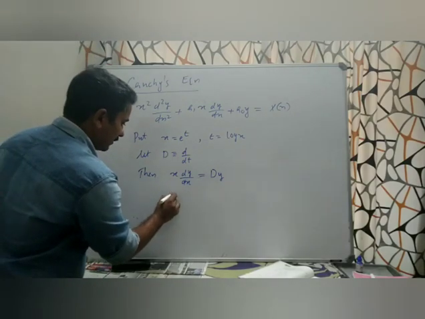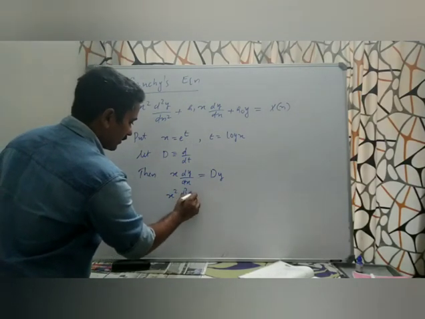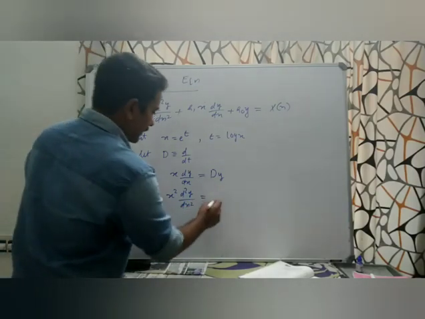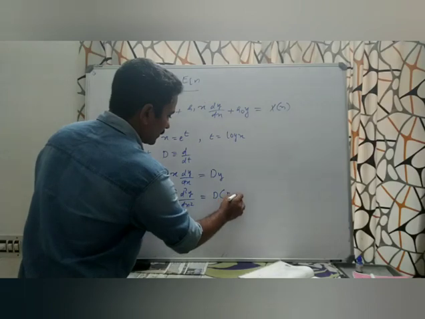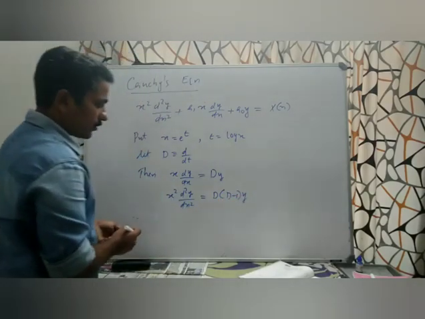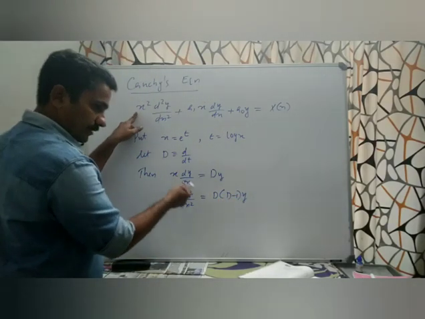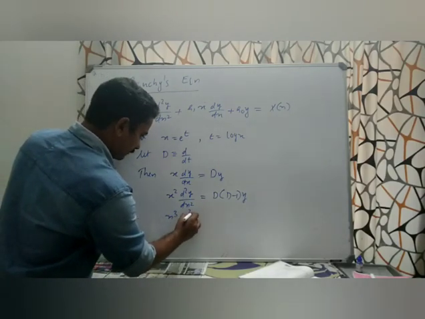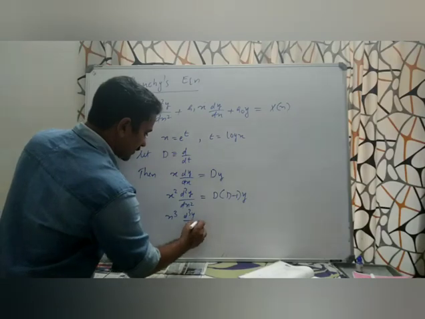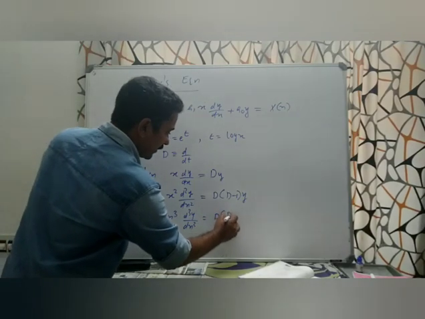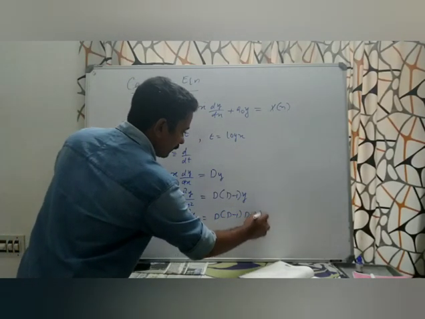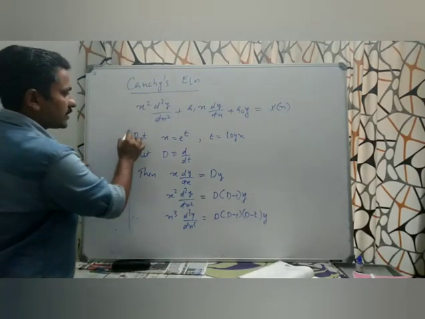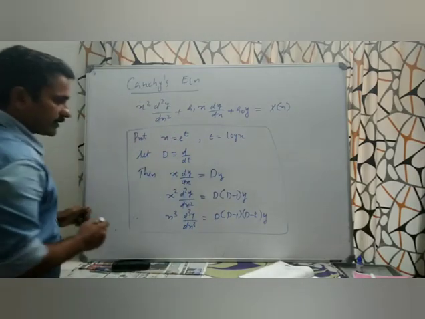And x square d square y by dx square will be changed as D times D minus 1 times y. And we can extend this one, like if there is x cube d cube y by dx cube, then this is going to be D times D minus 1 times D minus 2 times y. So this is the substitution and the corresponding changes.